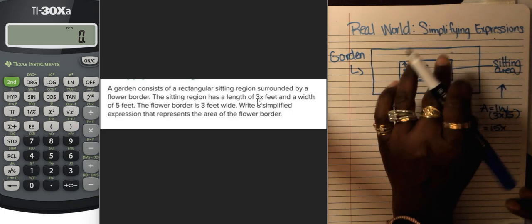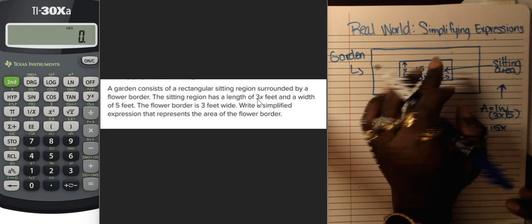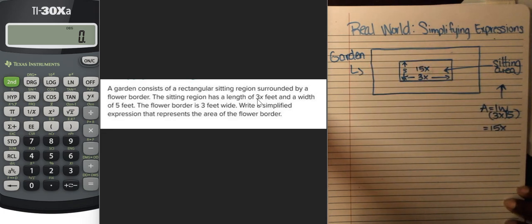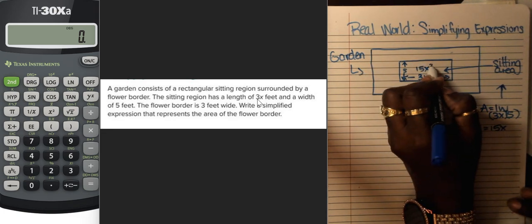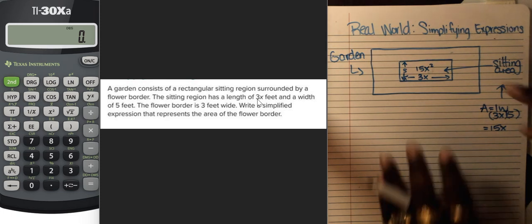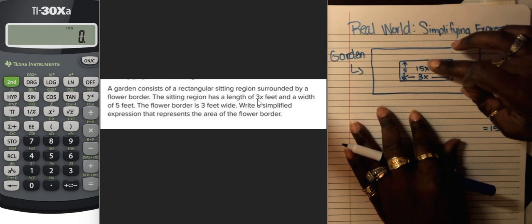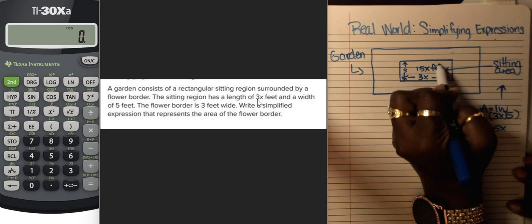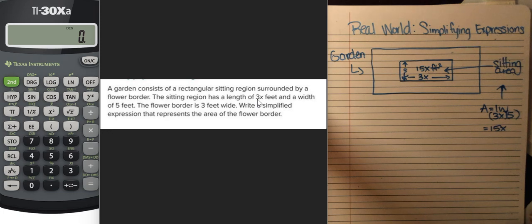So that's 15x. Not x squared, 15x feet squared, square feet. All right, so we have that taken care of.